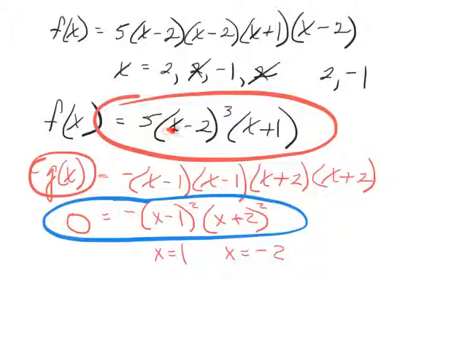So what that means is it occurred 3 different times. 1, 2, 3. And that's why we put an exponent of 3 here. Notice that down here our x minus 1 occurred twice. So the x minus 1 has a multiplicity of 2, and the x plus 2, which occurs twice, has a multiplicity of 2.